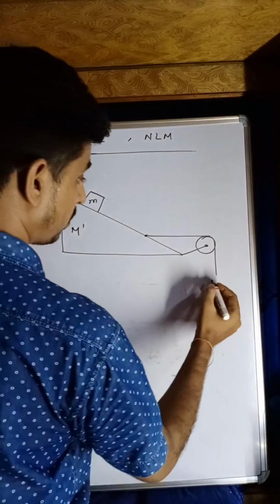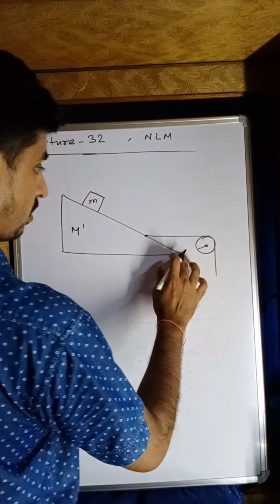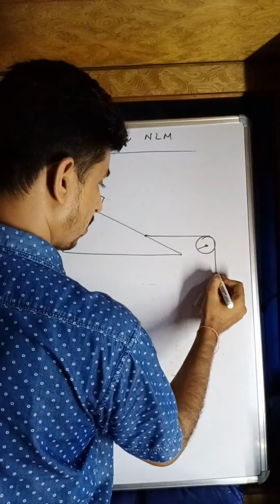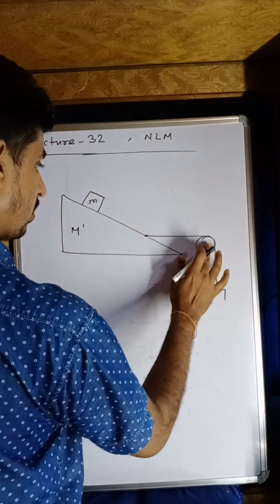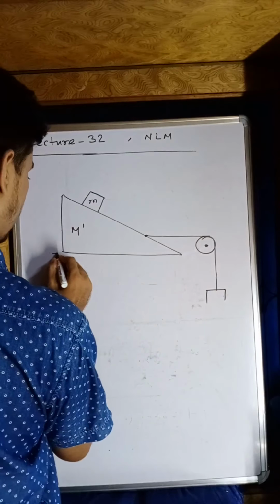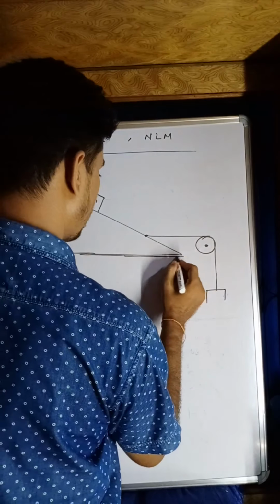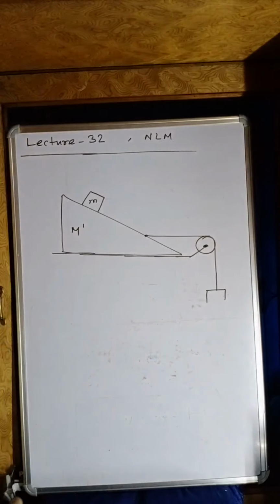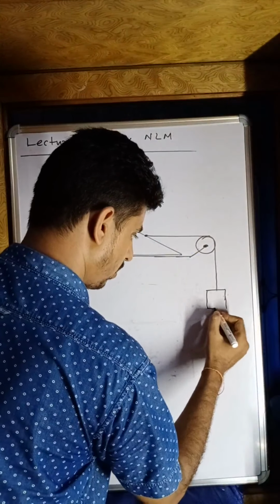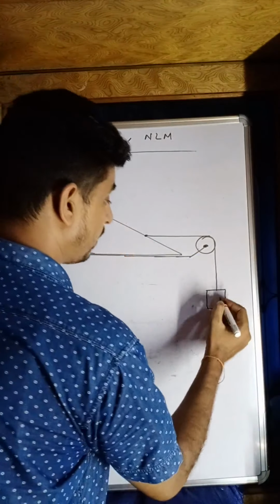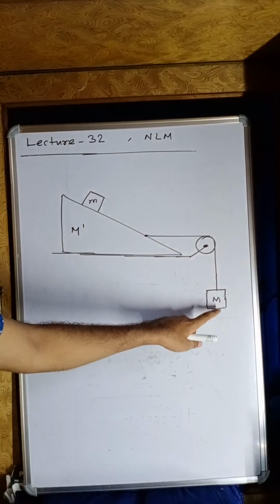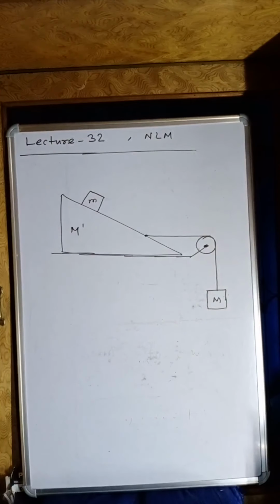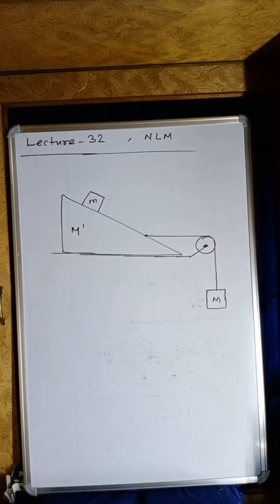This is the ground. With the ground, remember, this pulley is attached. Its mass is m. Of course, if this mass is sufficient, it will move down and the system will move forward. So these values are given.